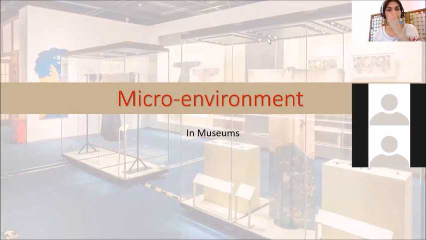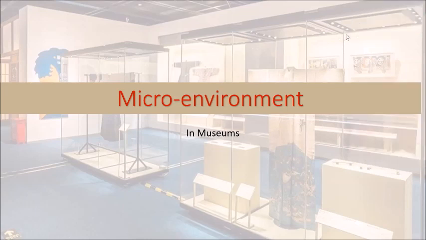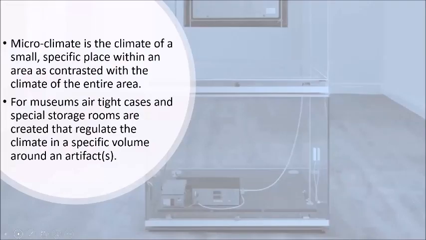Okay, so today we'll be talking about the microenvironment. And before we go into the technicalities of the why and how of the microenvironment, I would like to explain the term microclimate or microenvironment.